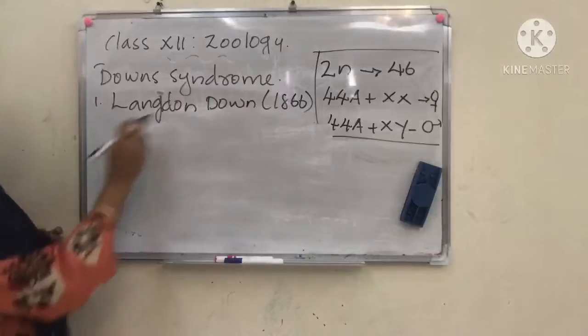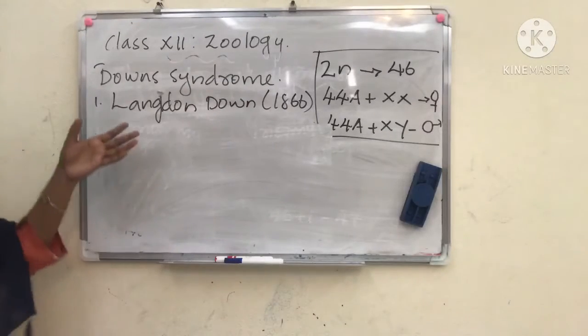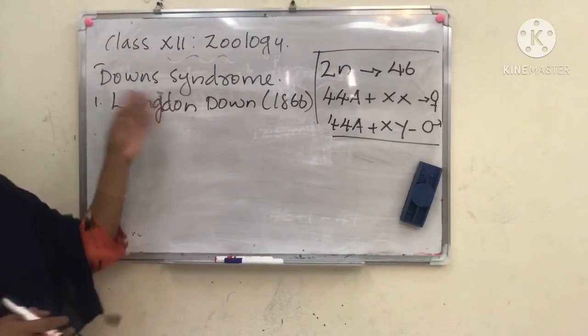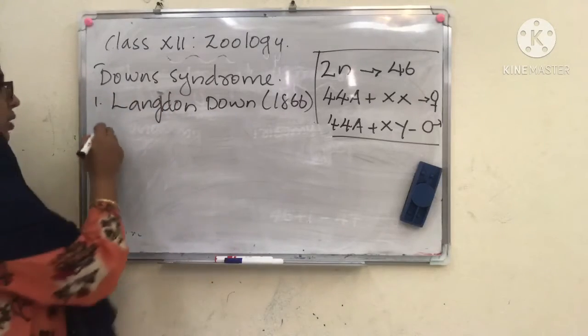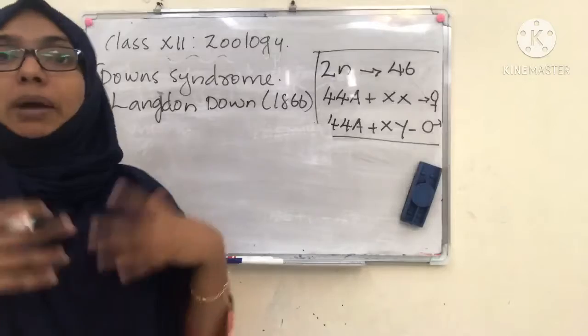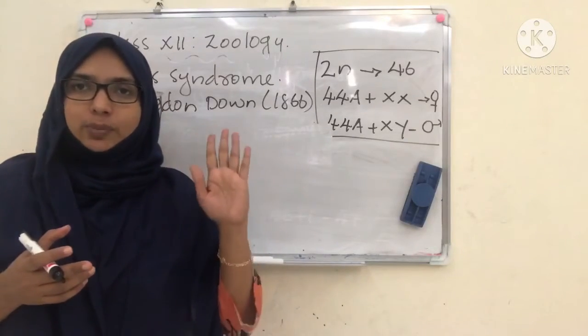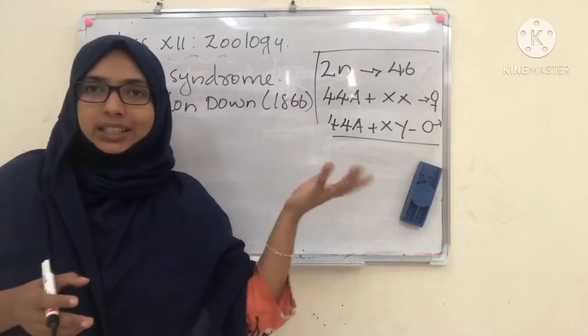That's why, as a tribute to his identification, it is known as Down syndrome. Another term is Mongoloid idiocy. That and all is not given in your textbook, so I am not going into further details.